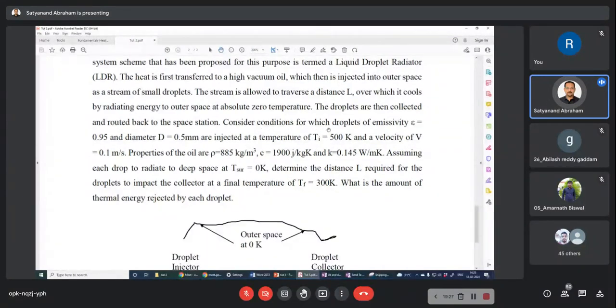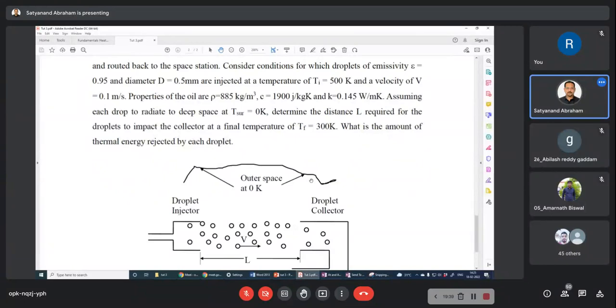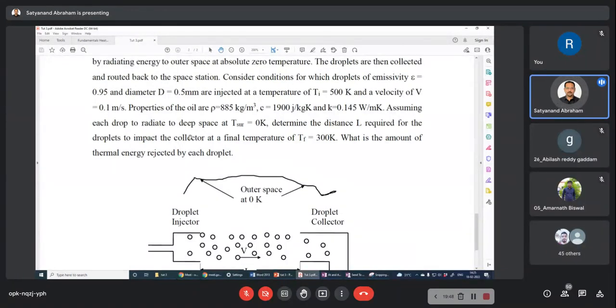Consider conditions for which droplets of emissivity 0.95 and diameter 0.5 mm are injected at a temperature Ti equal to 500 Kelvin, with a velocity v of 0.1 meter per second.